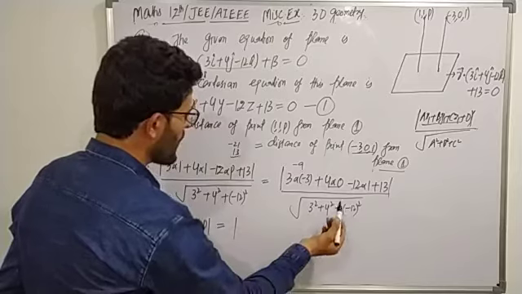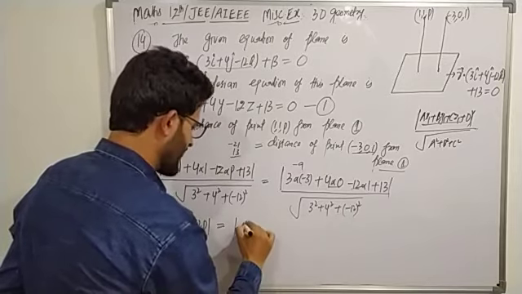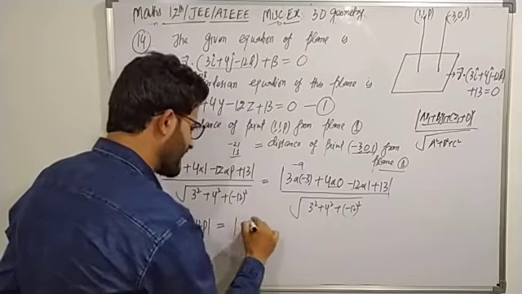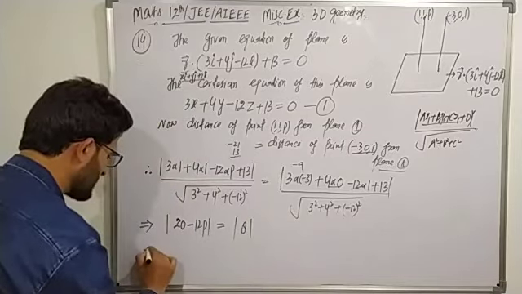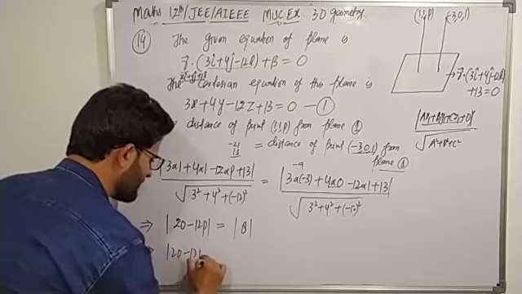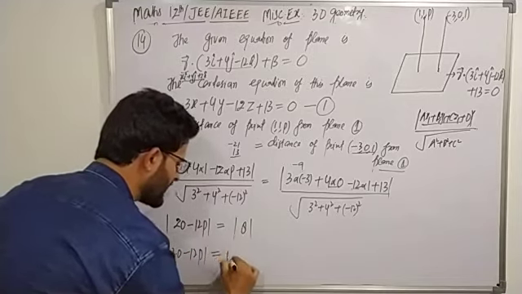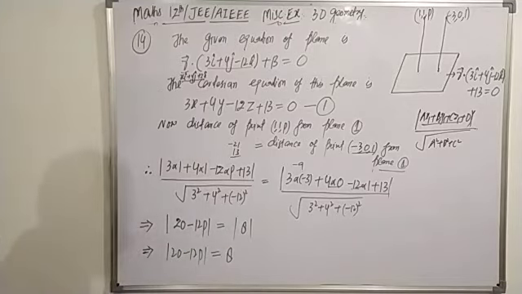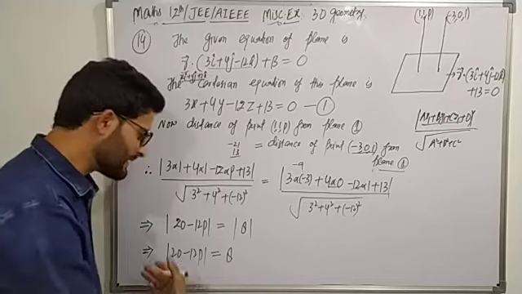So mod of 20 minus 12p must be equal to mod of -8 which is 8, because 8 is positive and mod of a positive number is again that positive number.